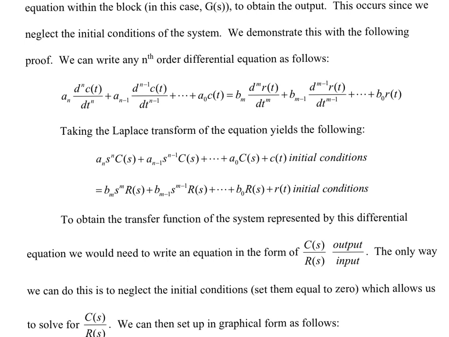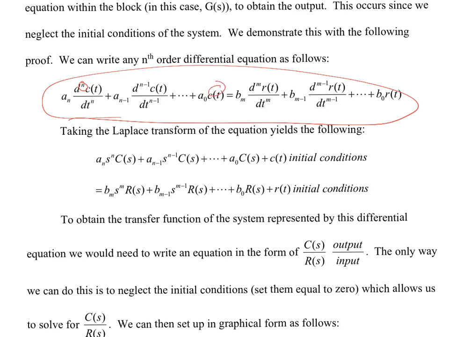All the disciplines have a ton of work to come up with equivalent models of real-world elements. And so ultimately, they're going to come up with some equations that look like this. You've got some nth order derivatives, all the way down to no derivatives. And then we have some m-order derivatives all the way down to no derivatives. And if we have to skip an element, it's no big deal.